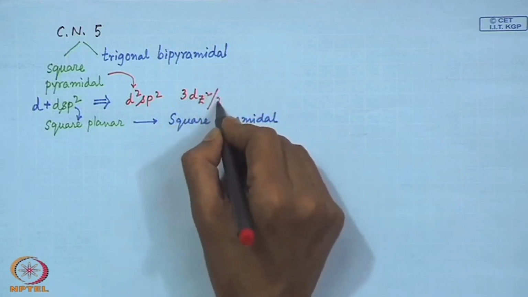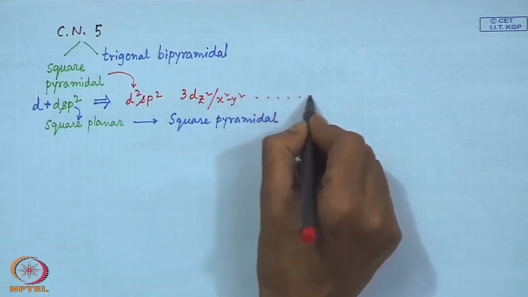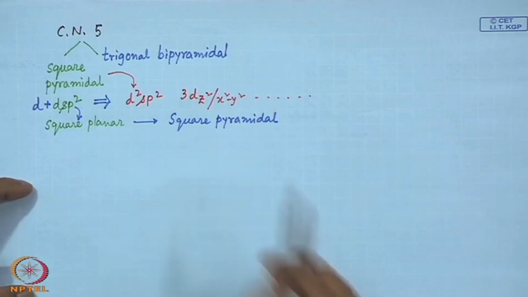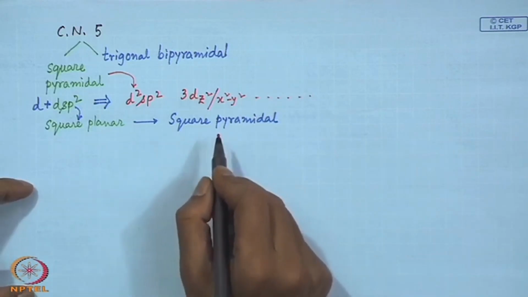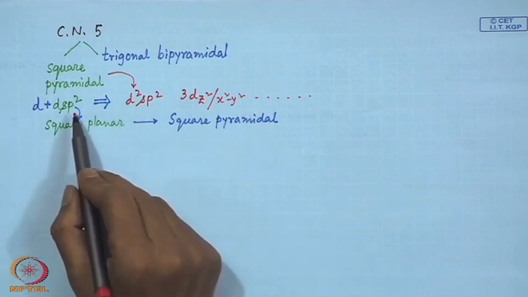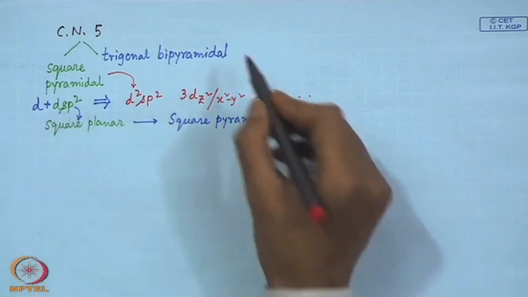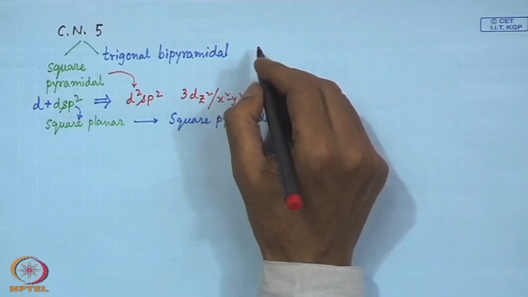So we will have 3d z square as well as 3d x square minus y square, and the remaining ones we are utilizing for dsp2 square planar geometry. So this square planar geometry can be transformed to the square pyramidal one like this through the addition of one d.